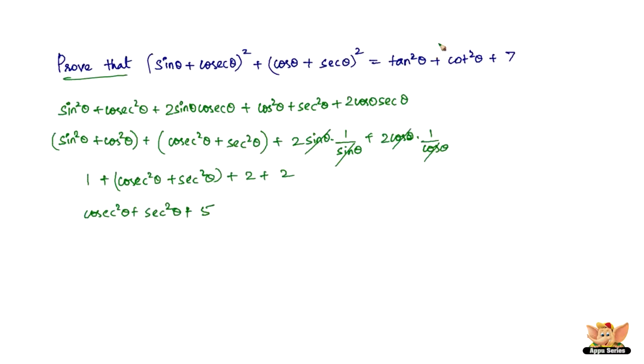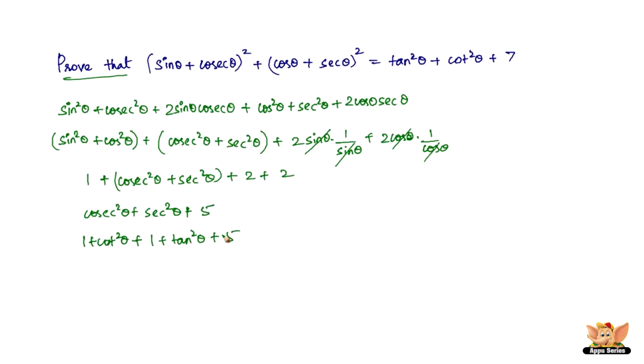Now we can stop and look at the right hand side and see that we need a 7 here, but we've got a 5. So the 7 should be somewhere there. We also need a tan square theta and a cot square theta. So go back to the identities and see what can link cosecant and secant to tan and cot. Cosecant square theta can be written as 1 plus cot square theta, and secant square theta can be written as 1 plus tan square theta, and we write the plus 5.